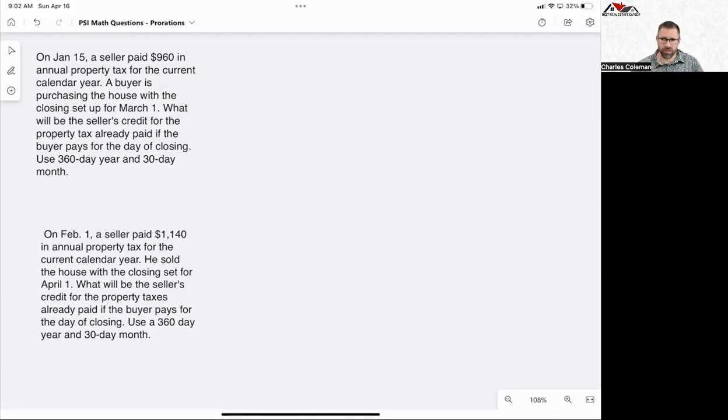So what this is going to look like is we're going to take $960 and we are going to divide that by 360 days in a year. And that gives us $2.67 per day.